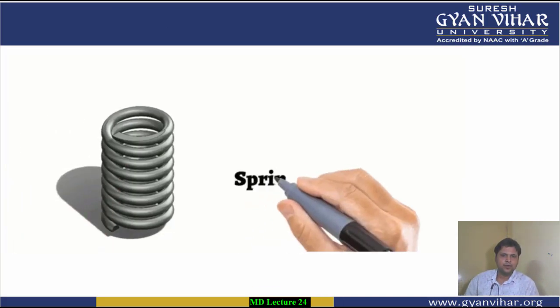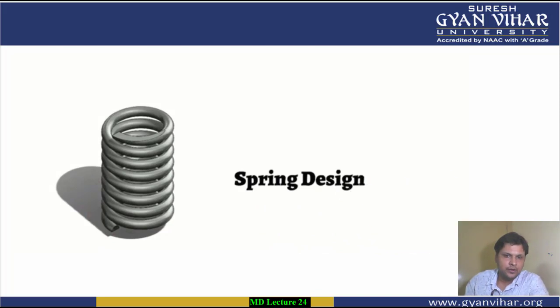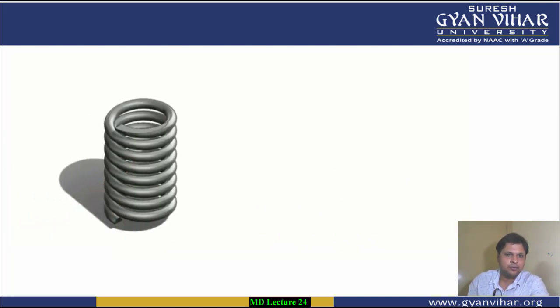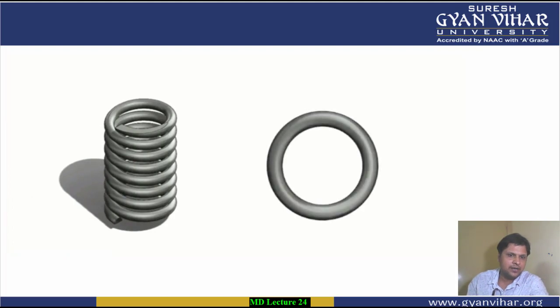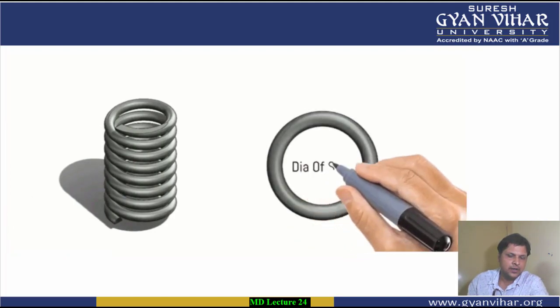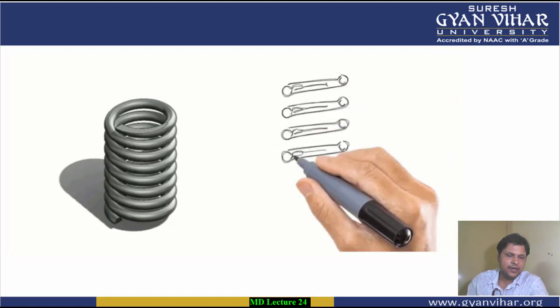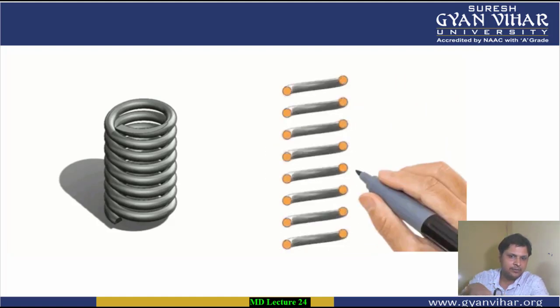Students, we have understood the different types of springs. The springs which are in the form of a helical shape are basically helical springs, as you can see here. Now the terms which are used in a spring: first is the diameter of the spring. The whole diameter is known as the diameter of a spring.